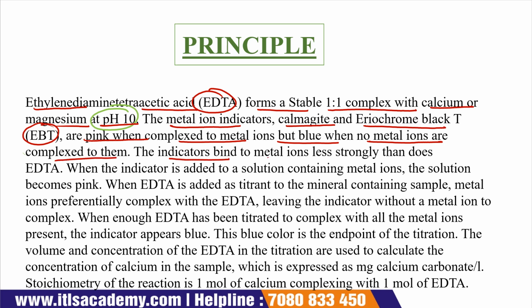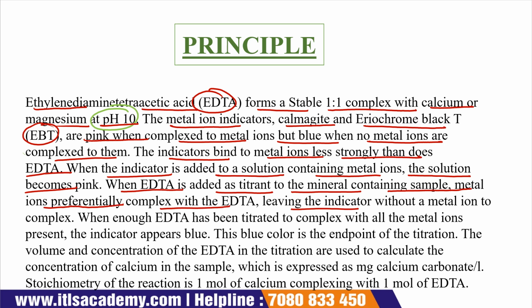The indicator binds to metal ions less strongly than EDTA does, and when the indicator is added to a solution containing metal ions, the solution becomes pink. When EDTA is added as a titrant to the mineral-containing sample, metal ions preferentially complex with the EDTA, leaving the indicator without a metal ion to complex. When enough EDTA has been titrated to complex with all the metal ions present, the indicator appears blue.